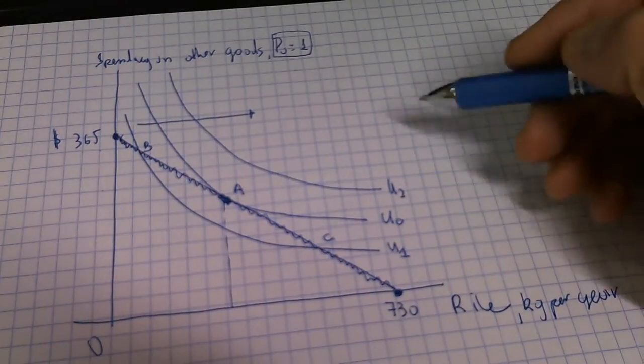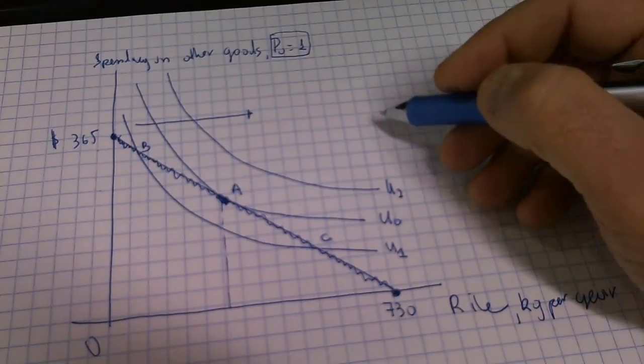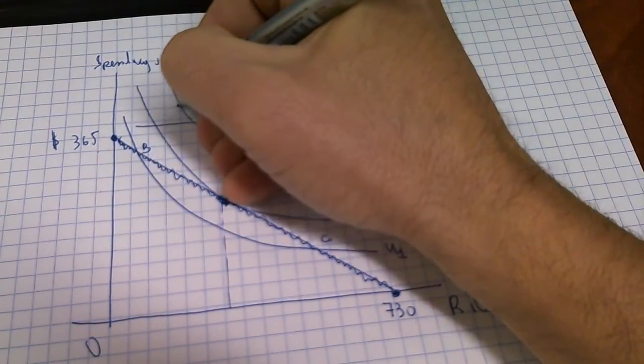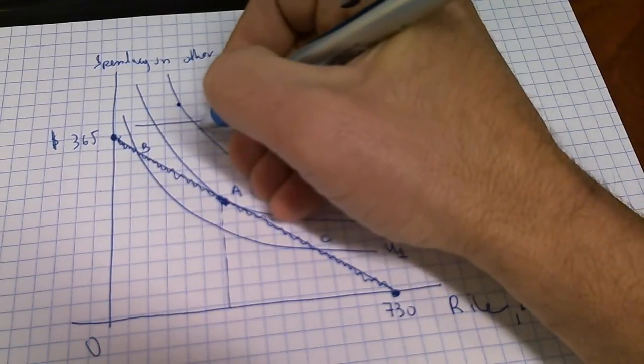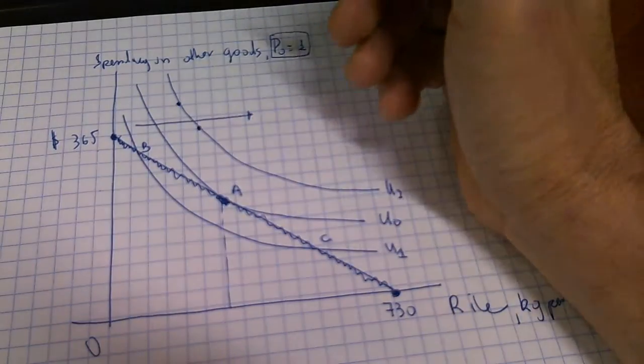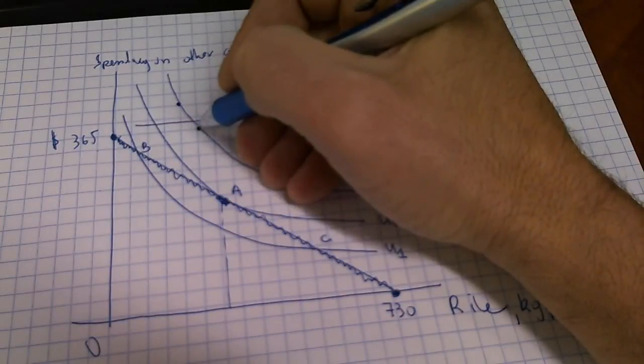He says, I'm okay with this much spending on other goods and this much rice, and I'm just as happy with less spending on other goods and a little bit more rice.